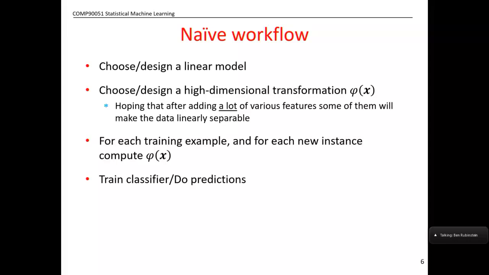But towards the end of deck 2, we saw this dual formulation, and I had a little forward reference there where I said, look, the x's in the formulation of the dual only enter via dot products. And we'll see that in the next few slides. Okay, so it might be that some feature mappings have really cheap dot products to compute. But the thing is, what if I'm using a feature mapping that exponentially blows up the number of features?